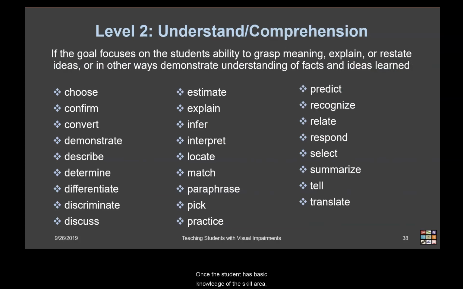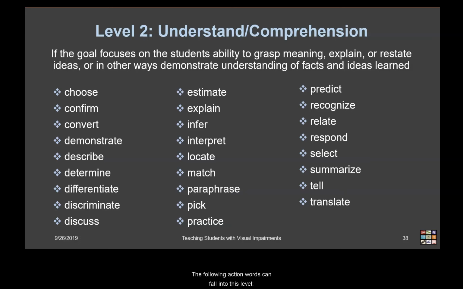Once a student has a basic knowledge of the skill area, it is time to progress to demonstrating an understanding or comprehension of the skill. Understanding and comprehension goals focus on the student's ability to grasp meaning, explain or restate ideas, or in other ways demonstrate understanding of facts and ideas learned.